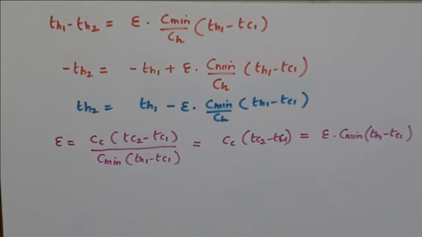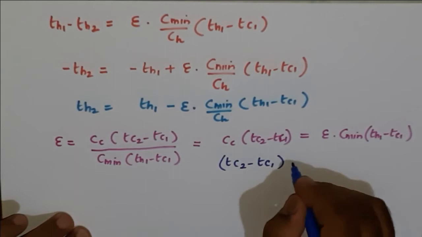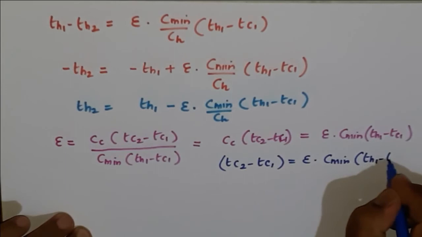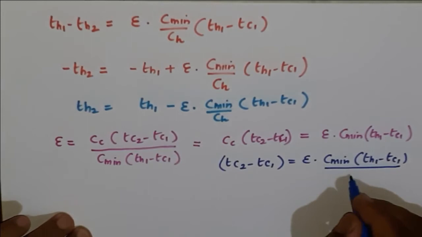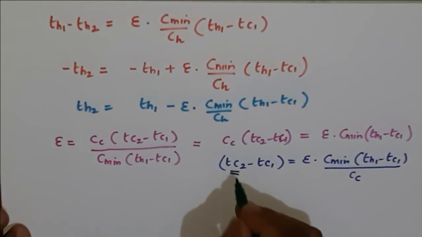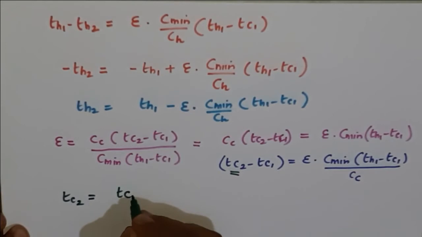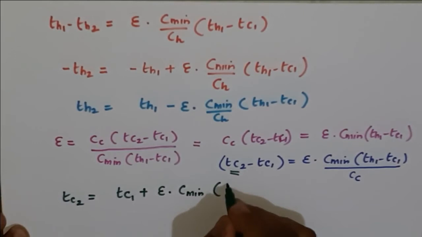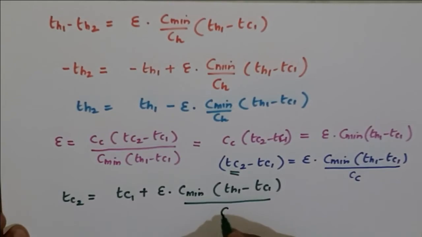Now we got TC2 minus TC1 is equal to effectiveness into C minimum into TH1 minus TC1 whole divided by CC, bringing the CC to the other side. Therefore, finally, we need TC2. So TC2 is equal to TC1 plus effectiveness into C minimum into TH1 minus TC1 whole divided by CC.